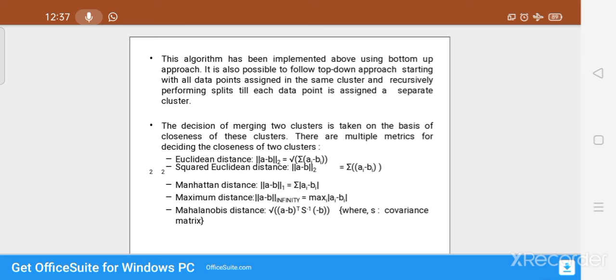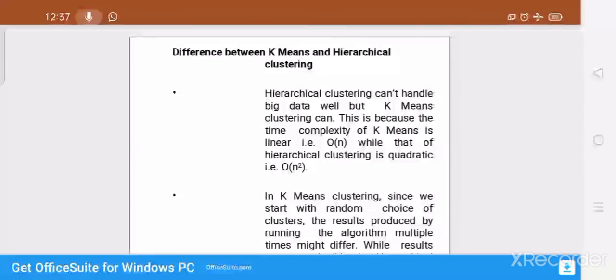We can use the top-down approach also. So the decision of merging two clusters is taken on the basis of closeness of these clusters that we saw, right? So there are multiple metrics for deciding the closeness of two clusters. So that can be Euclidean distance, squared Euclidean distance, Manhattan distance, maximum distance, and these are the various metrics that we can use to find the closeness of two clusters.